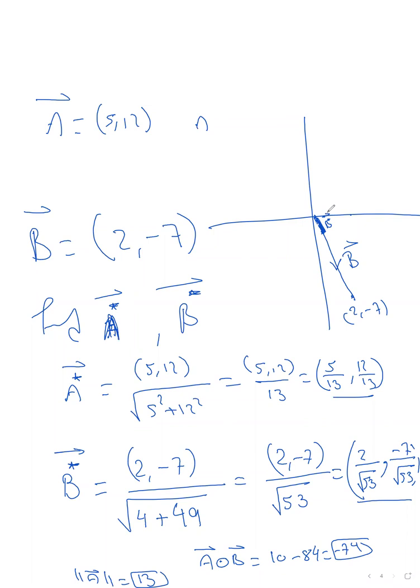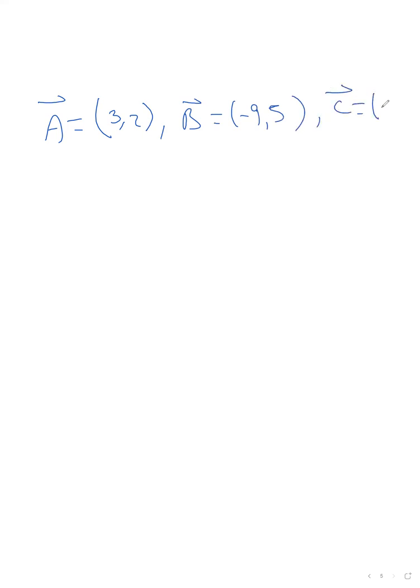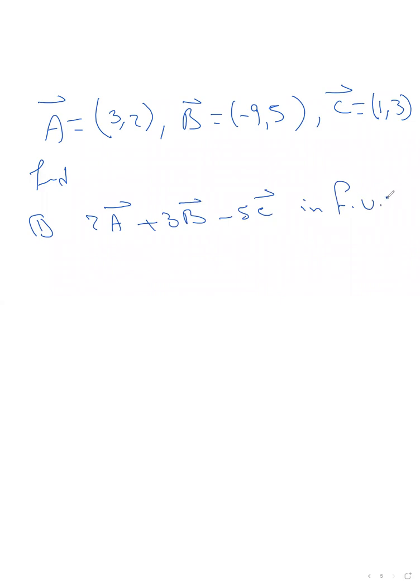Is that clear? Okay, I'll give you some questions as homework. If A = (3, 2), B = (-9, 5), C = (1, 3): number 1, find 2A plus 3B minus 5C in fundamental unit vectors.